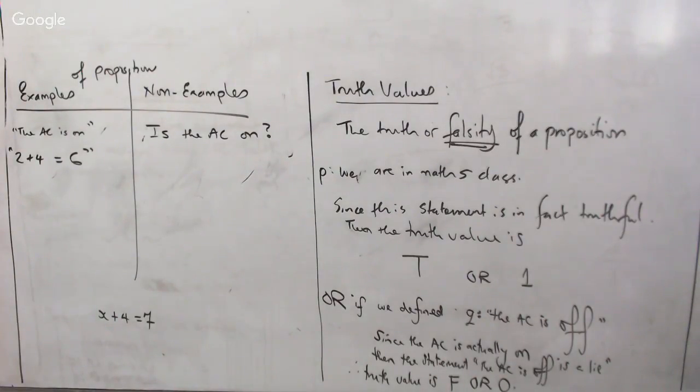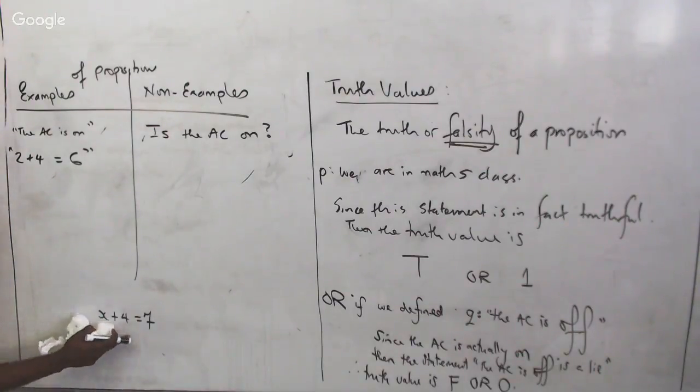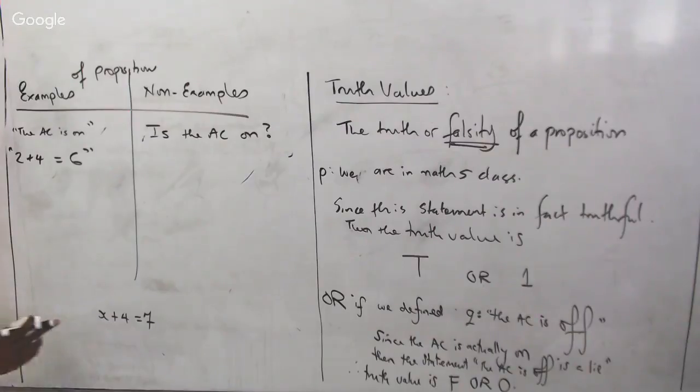We don't know the value of x right away. So that's what I'm saying. It can be proven to be true or false, depending on the value of x. So for example, if x was 3, then it would have been 3 plus 4 equals 7, which would be a true statement. But if x was 4, then it would have been 4 plus 4 equals 7, and that would be false.